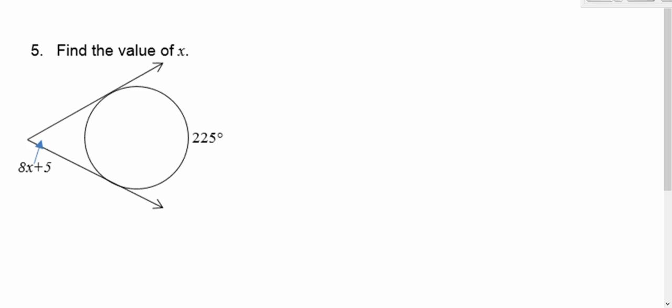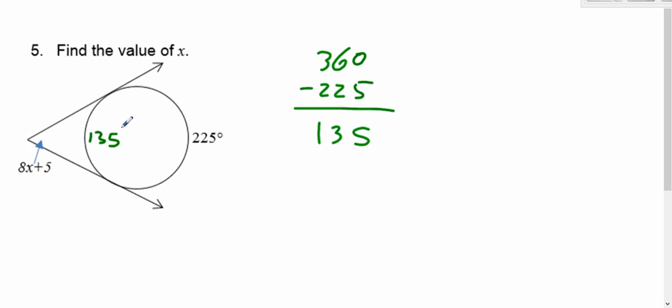When two tangents form an angle, there's a whole lot of relationships going on here. First, you've got the big arc and the little arc. Together, that's the entire circle. So 360 minus 225 tells us the little arc over here, 135.